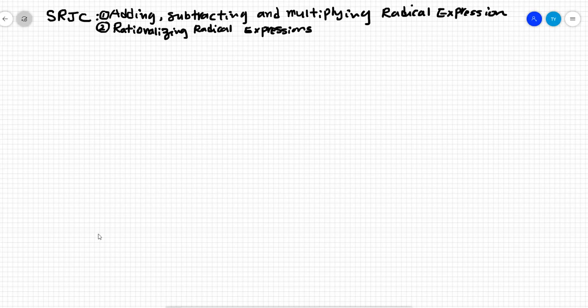So using all that, we're going to go into the other area: adding, subtracting, multiplying, and then rationalizing the radical expressions.